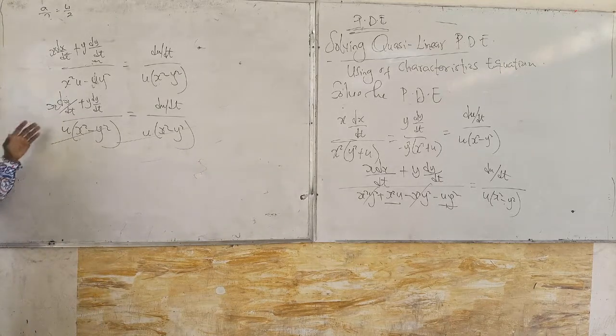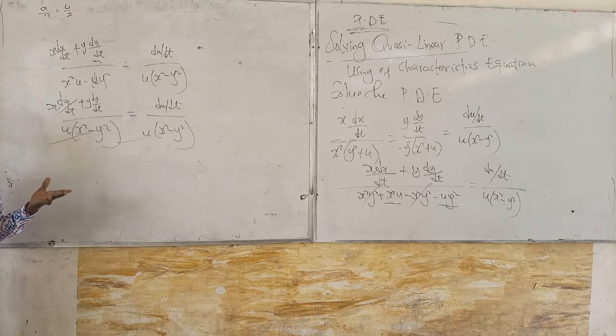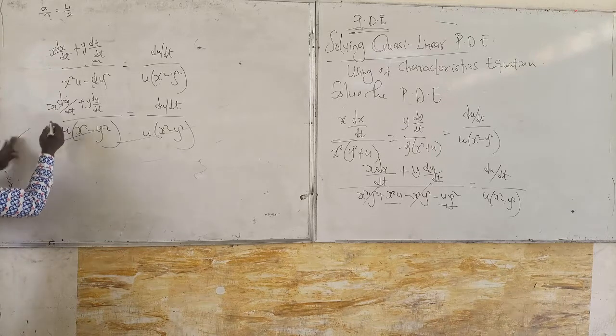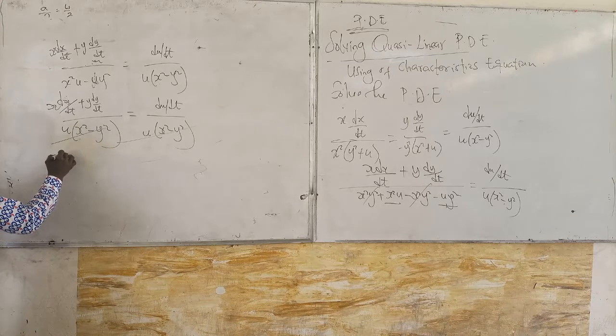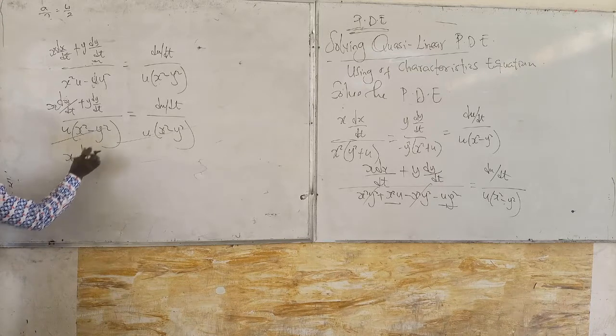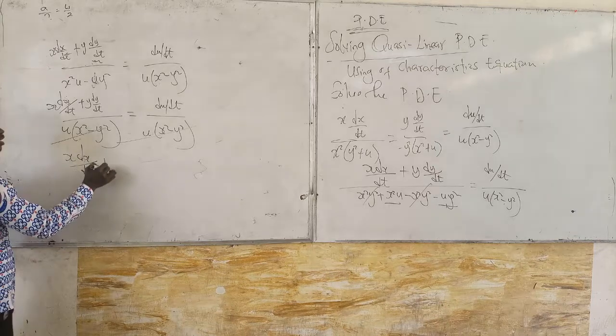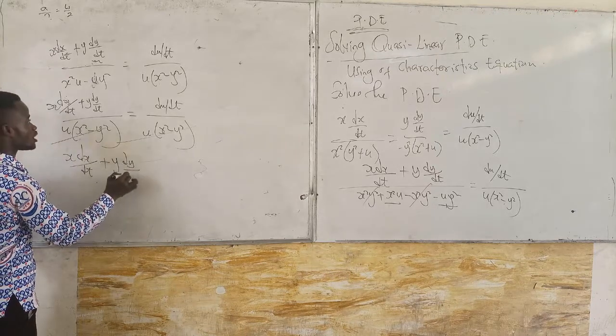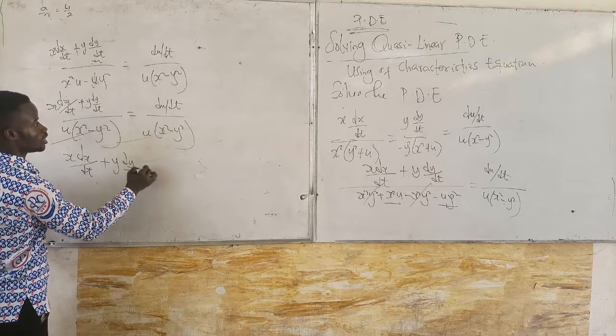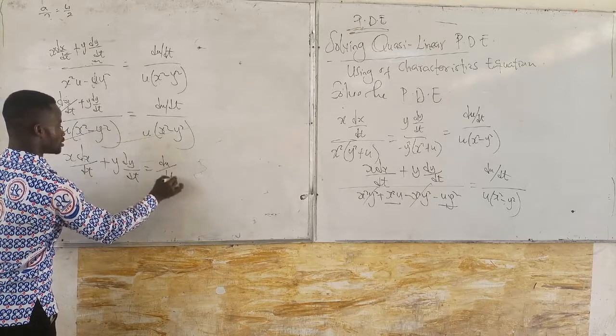Okay, right. So now we are two to go. So we have s du, s ds over t plus y dy over t is equal to du over what?